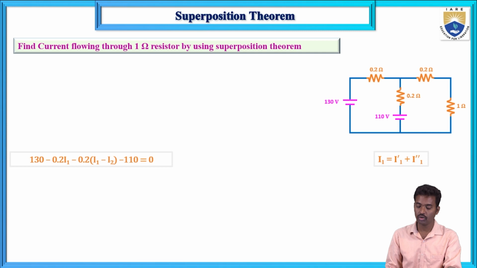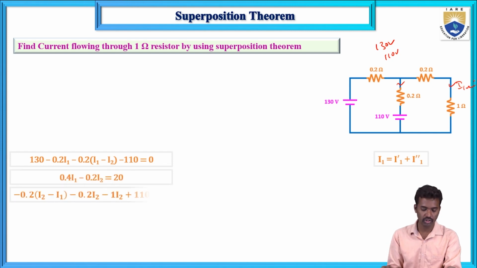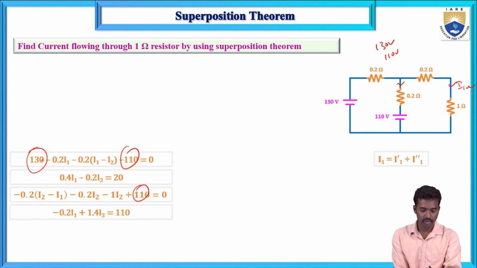From the mesh analysis, now consider 130 volts and 110 volts both active and calculate this current. Same equations: 130 minus 0.2 I1 minus 0.2 I1 minus I2 minus 110 equals 0, that gives 0.4 I1 minus 0.2 I2 equals 20. Then minus 0.2 I2 minus I1, and I2 minus I1 minus 0.2 I2 minus 1 I2 plus 110 equals 0.